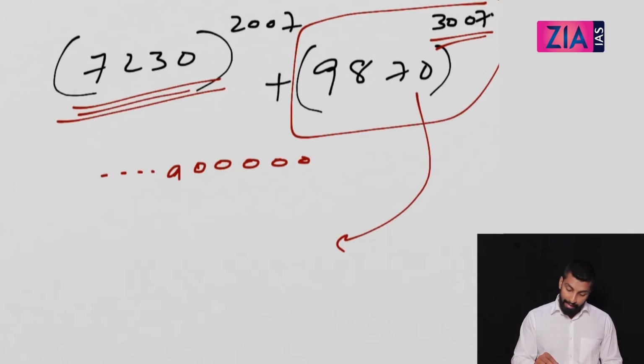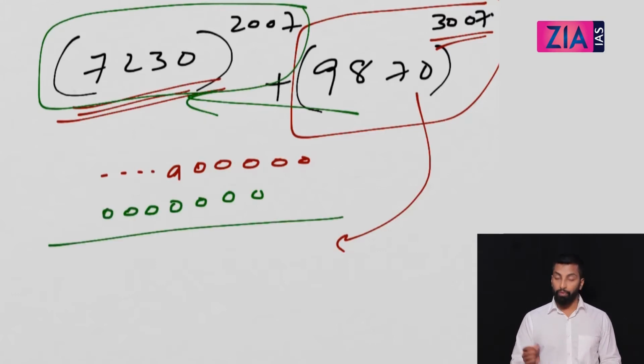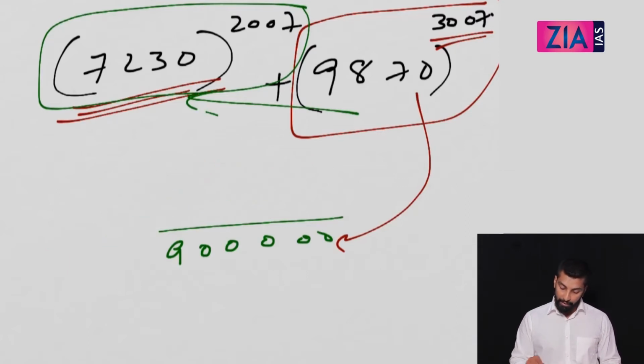That number has more zeros than the first number, right? So that number will go like 0 0 0 0 0 0 0. So when you take the sum, it will be like this, right? The last non-zero digit of the sum depends on the first number. So basically we need to find the last non-zero digit of the first number.